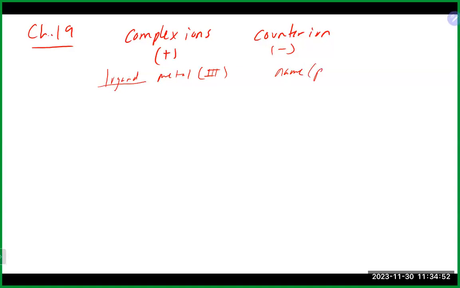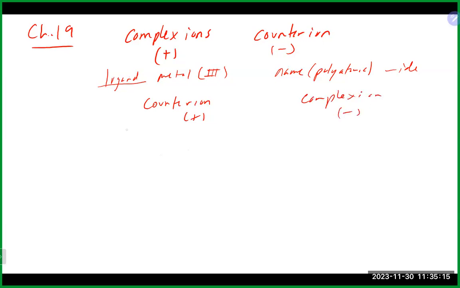If it's a polyatomic ion, or just an anion, it will still end in the -ide at the end of it, like chloride or something like that. If it's switched around, we have our counter ion that is positive and our complex ion that's negative.